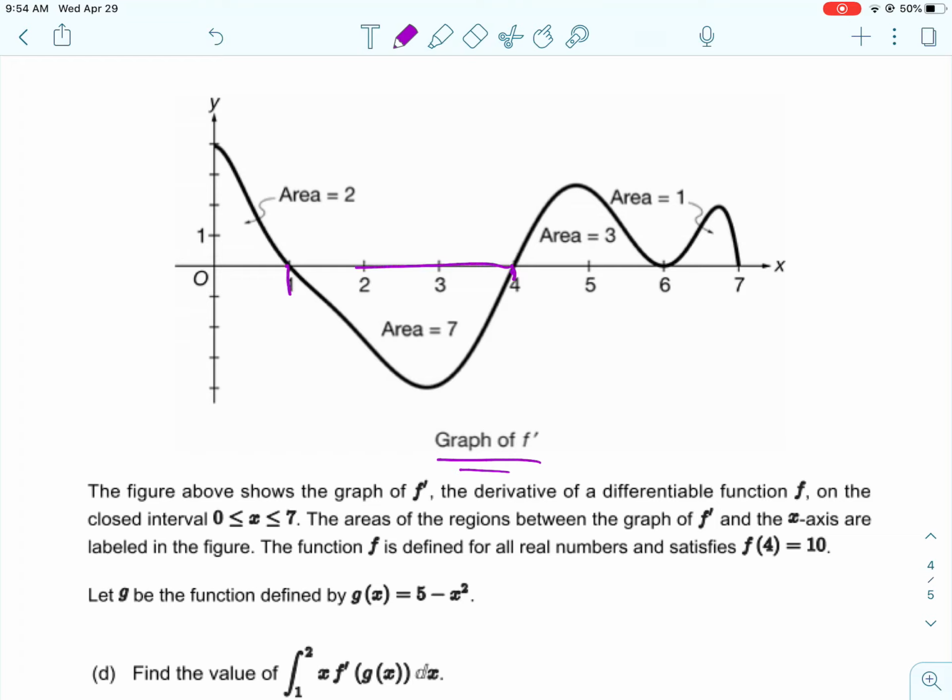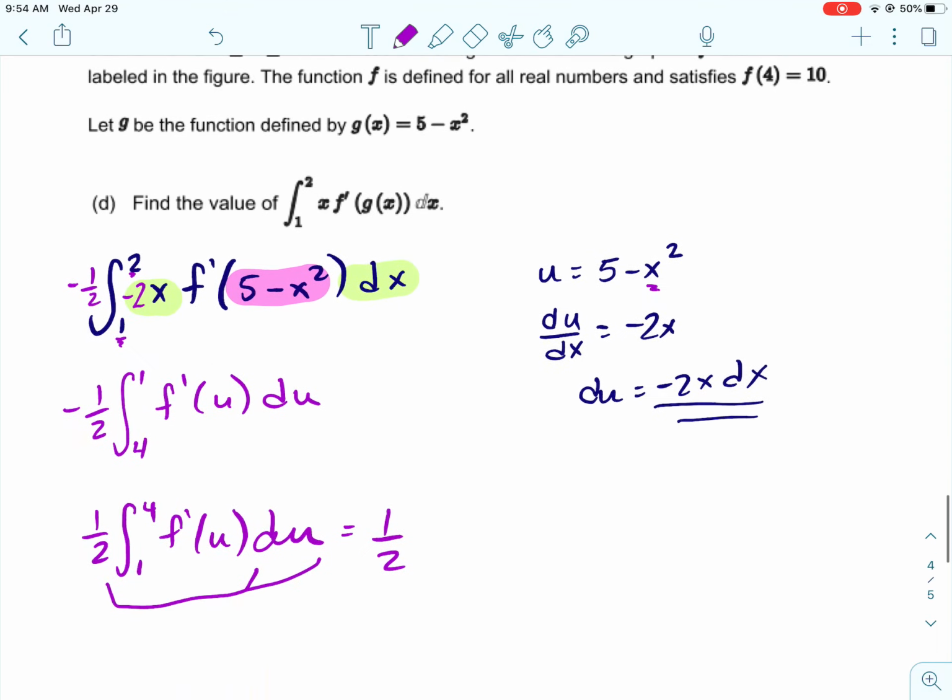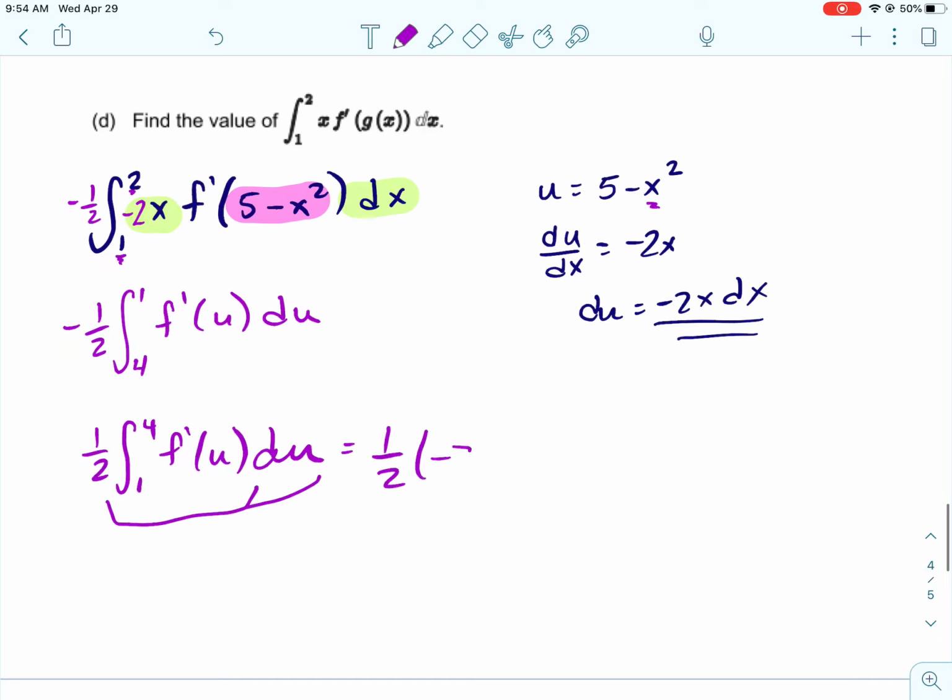So now let's look at this integral from 1 to 4 of f prime of u du. So remember, this is the graph of f prime, and that integral is going to be basically, we're going to look at this section right here.